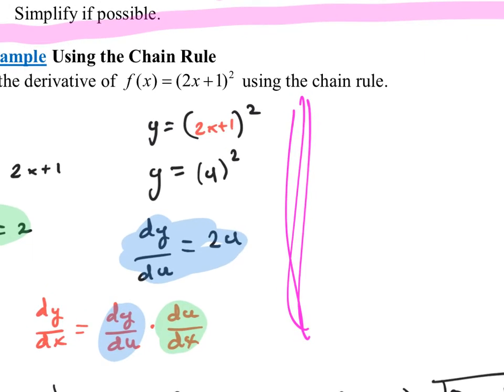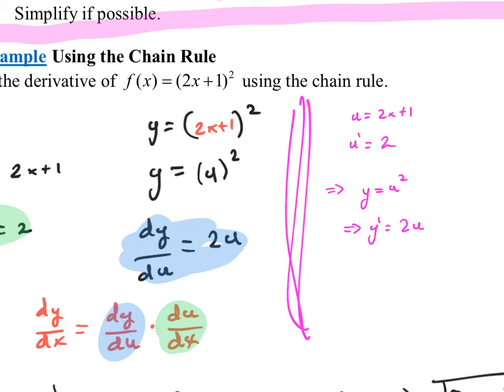It's not quite so different. Here I'd say let u equal 2x plus 1. I'm going to call the derivative u prime instead of writing du dx. If you guys are okay with that, I'm just going to write u prime. Remember, it's just different notation. It's the same thing. Again, the derivative of 2x plus 1 is 2. And then I'd look at the original problem and say y equals u squared. That would tell me that the derivative of y would be 2u.